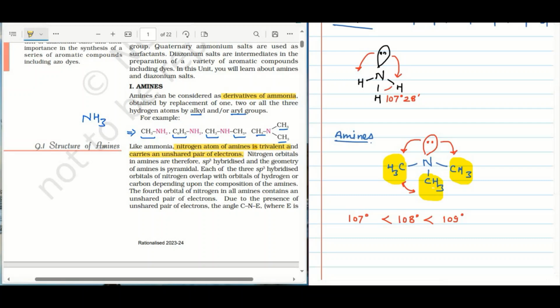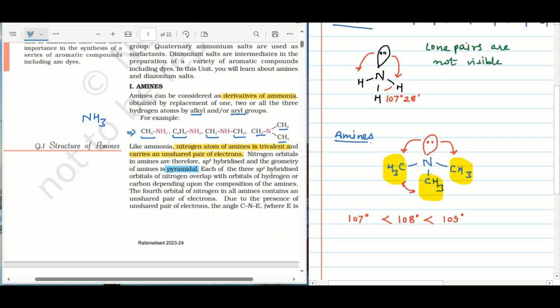Now let's read from the book. Nitrogen orbitals in amine are fully sp3 hybridized, and the geometry of amine is pyramidal. In case of ammonia, these lone pairs are not visible in the geometry.